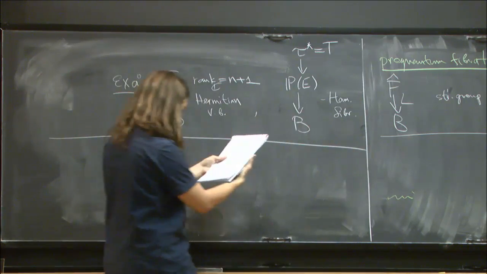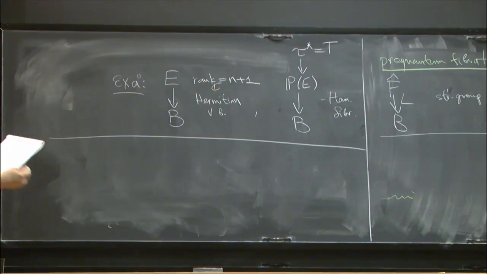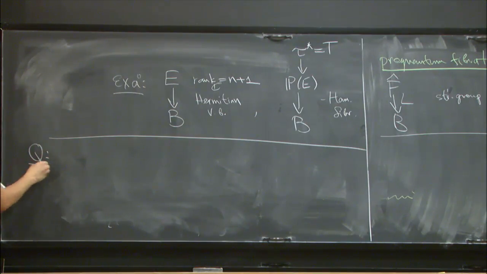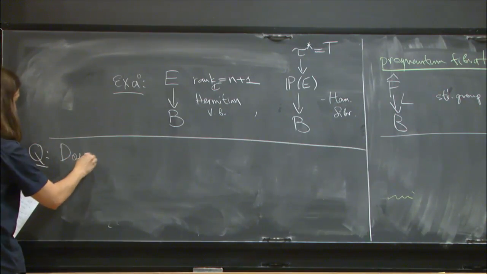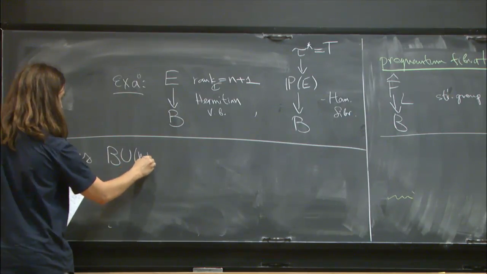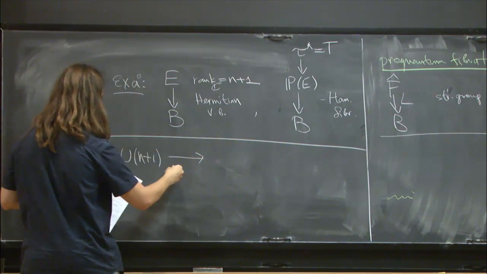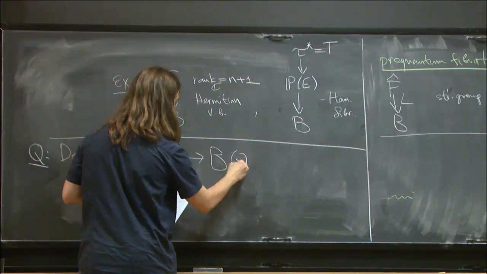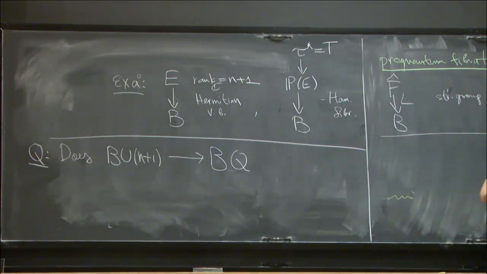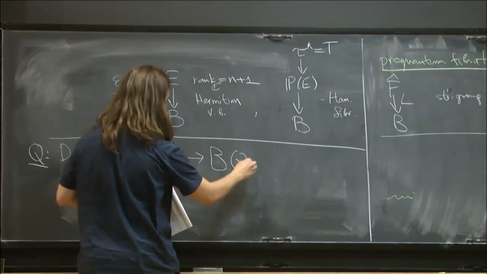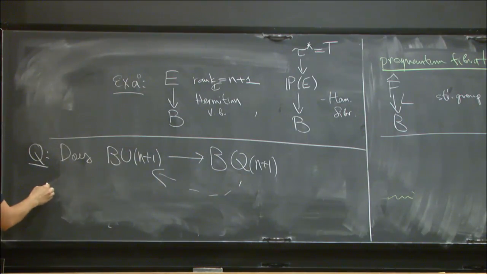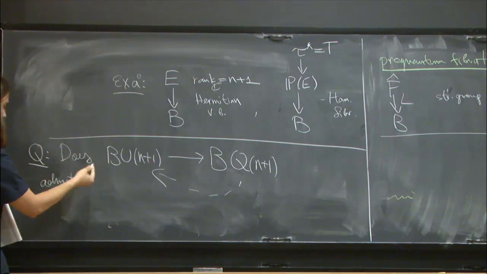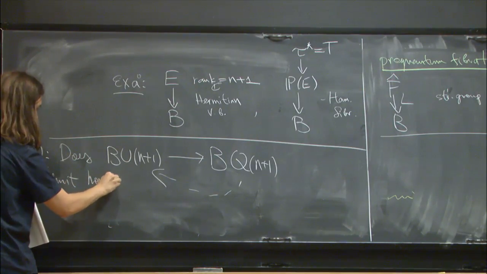All right. And of course, we have a similar question as in the Hamiltonian case, whether BU(n+1) mapping to BQ of O1 with canonical nabla, let me call it Q_{n+1}, whether this map admits a homotopy section.